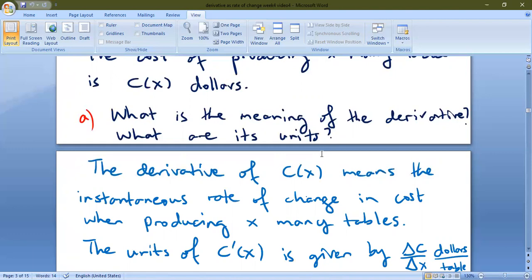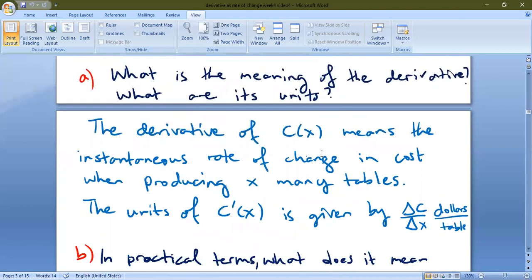The derivative is the limit of the change in C with respect to the change in x, so it's the instantaneous rate of change. The units of cost are dollars and the units of x are tables. If we divide them, we get the units for the derivative, which is dollars per table.